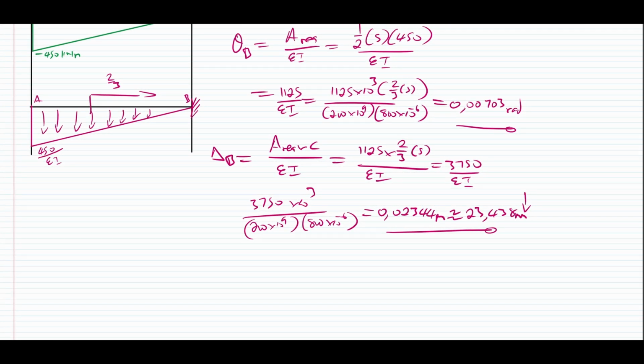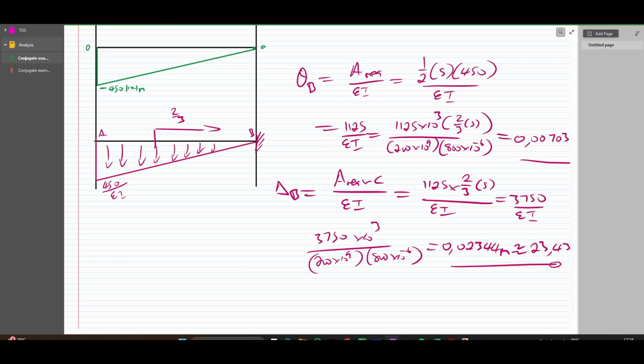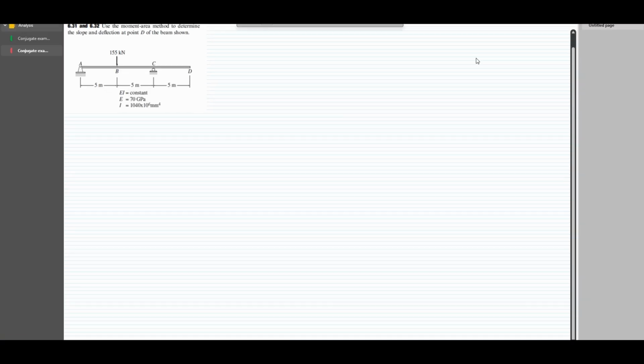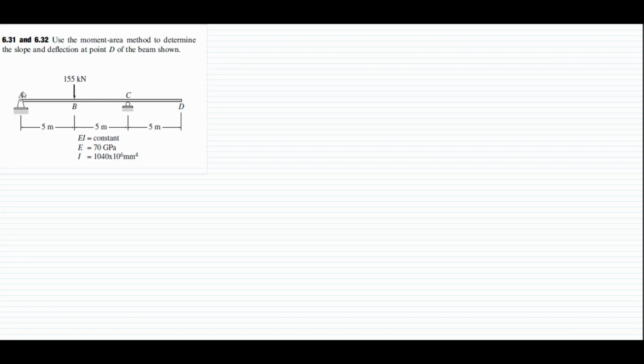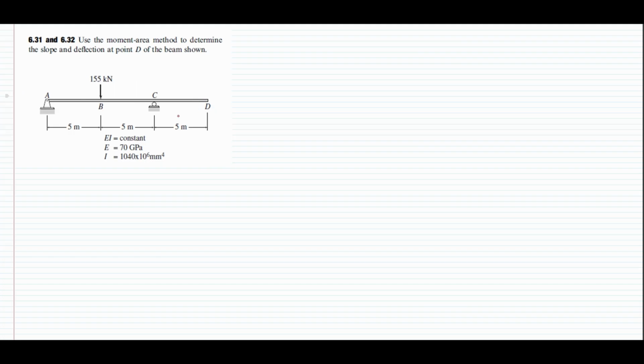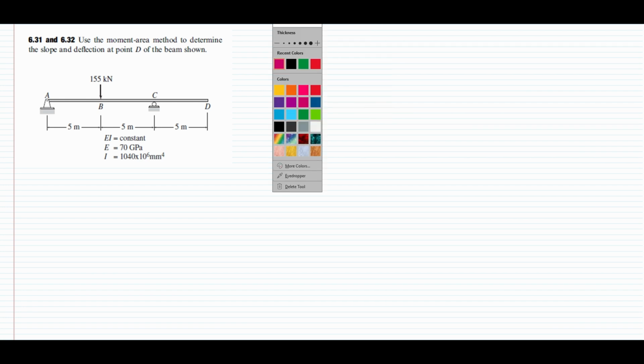Now let's look at a different example. In this example, we're asked to use the same method to determine the slope and deflection at point D, which is here. Let's draw our lines.